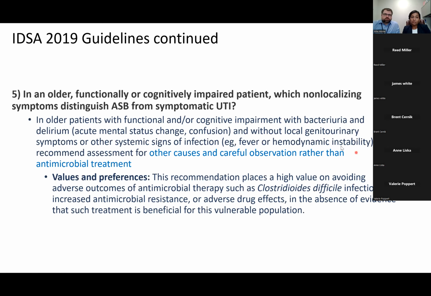In older patients with functional or cognitive impairment with bacteriuria and delirium, and without local genitourinary symptoms or other signs of infection, fever, hemodynamic instability, we recommend assessment for other causes and observation rather than antimicrobial treatment. So what they're saying is, if you have elderly patients who come in with delirium, dementia, please look for other reasons before we blame this on the urine.